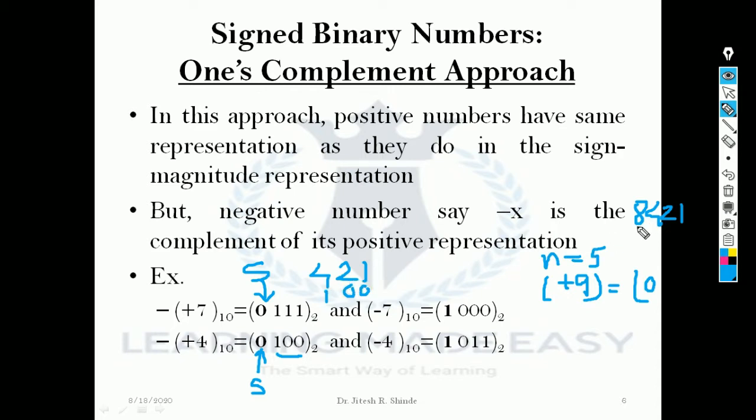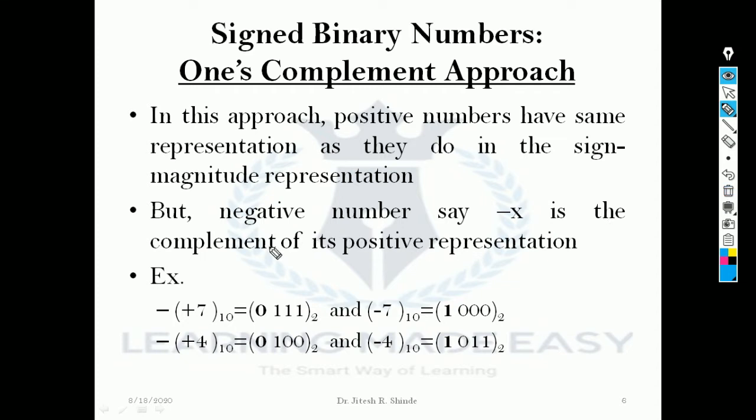Here the maximum addition is 15. So 8 4 2 1 code can be used to represent 9. So the answer is 1001. 8 and 1 are involved in the addition. So this is our answer. Thus plus 9 decimal representation in signed binary number is 01001 using the ones complement approach.